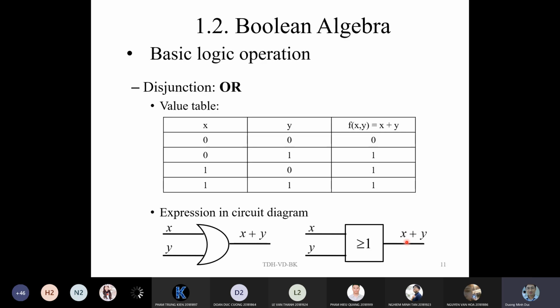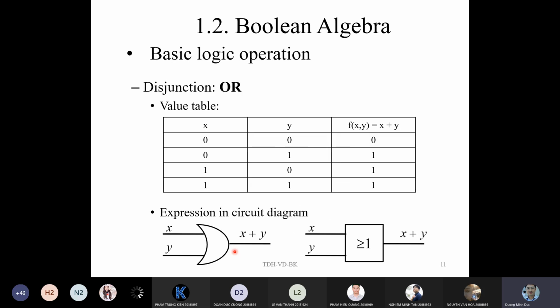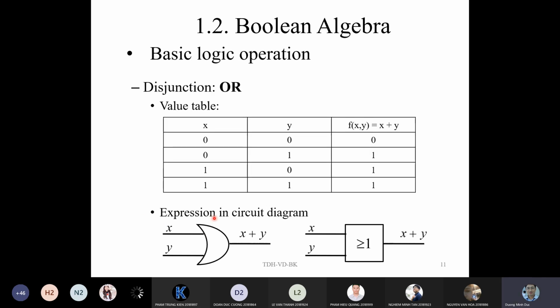Maybe someone will ask me, so how do we use this symbol? Actually, if we use the symbol on the left side, then we use all the symbols on the left side. For example, if here we use this symbol, and then if we use a disjunction, we must use this symbol.